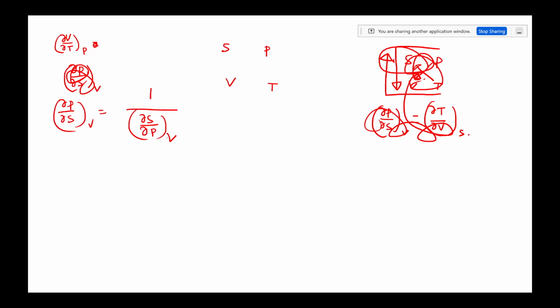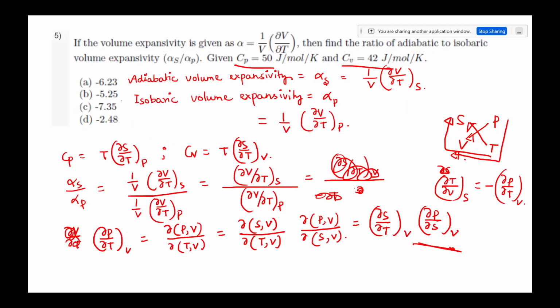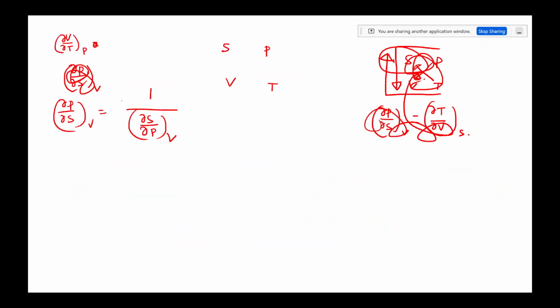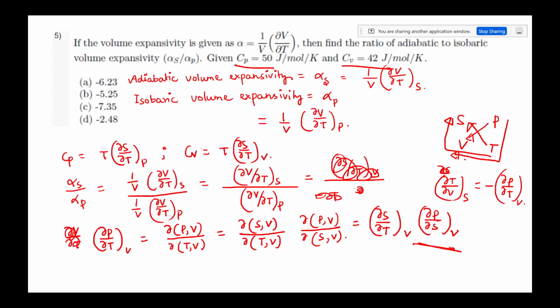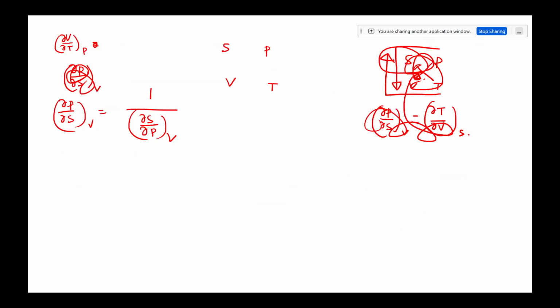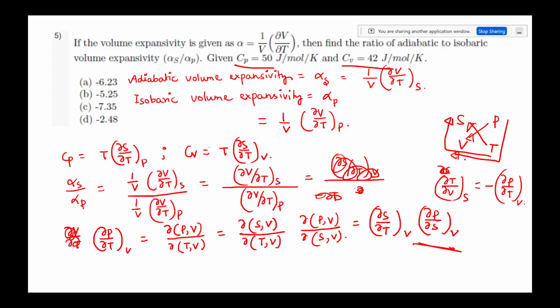So here this is coming out to be del V del T at constant P. Now if we write del S del P at constant T, so del S del P, and so again alpha S by alpha P will be del S del T at constant V times del T del P at constant S, right?